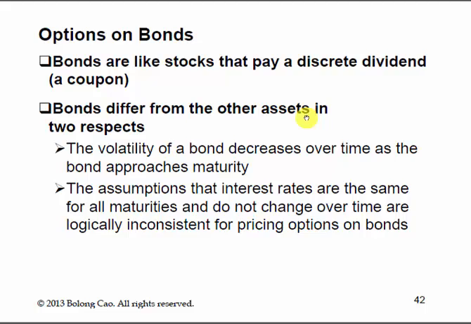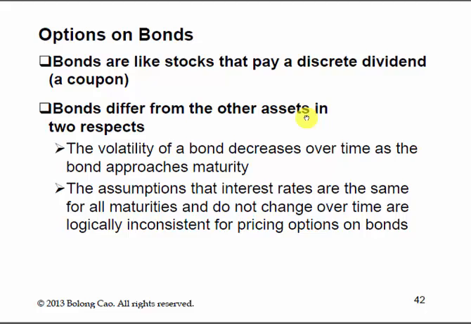But bonds differ from other assets in two respects. First, the volatility of a bond decreases over time as the bond approaches maturity. We know from fixed income, the bond price basically moves towards 1. That's why the volatility of bond price decreases over time. So you have changing volatility.